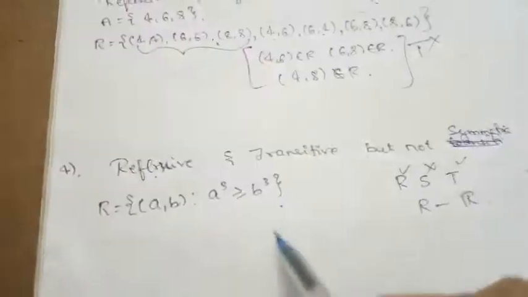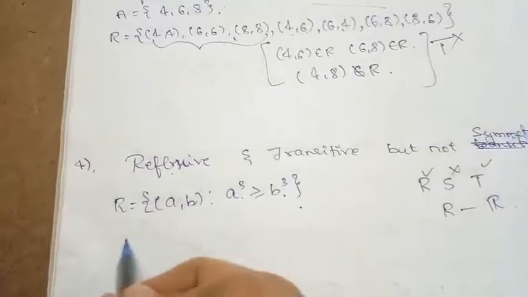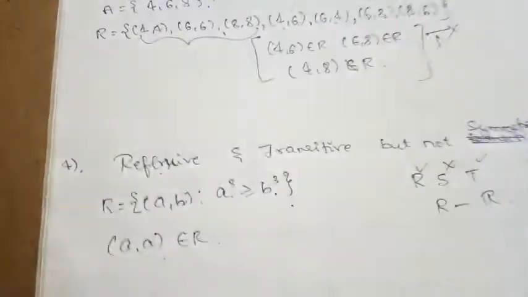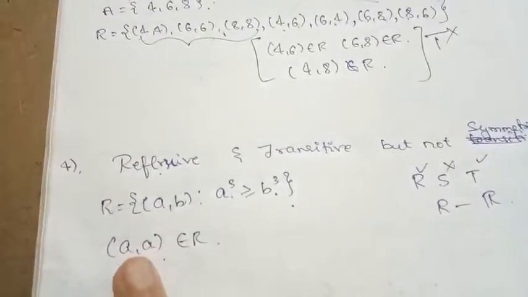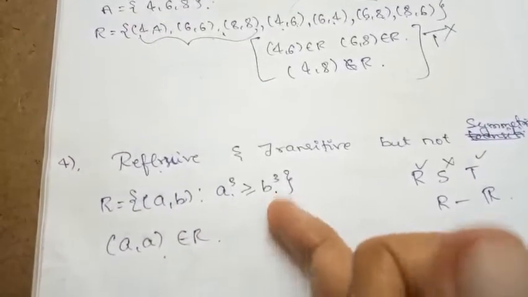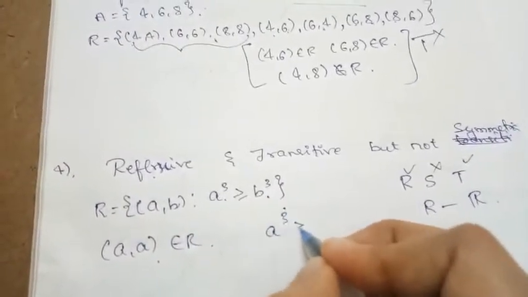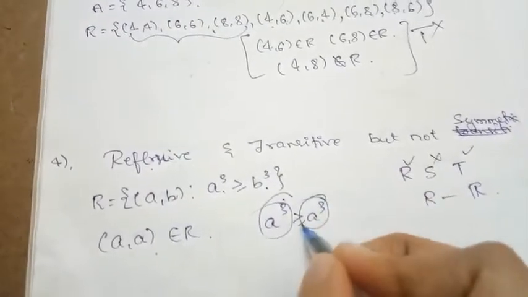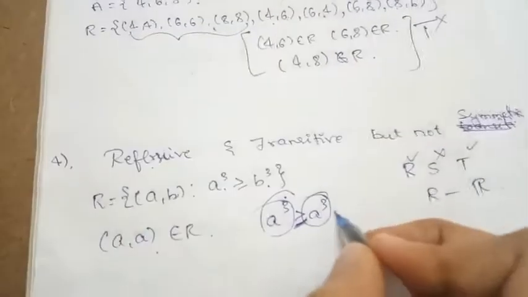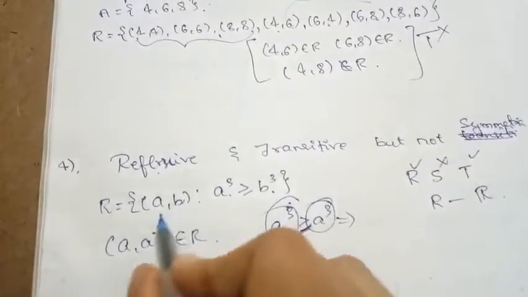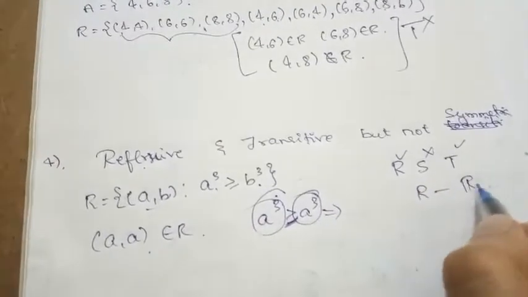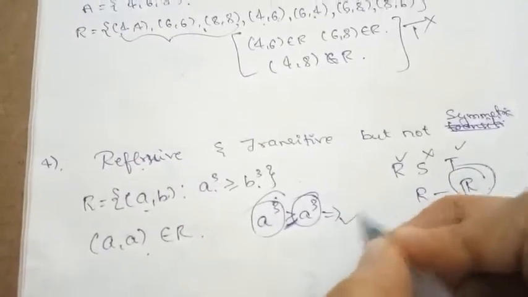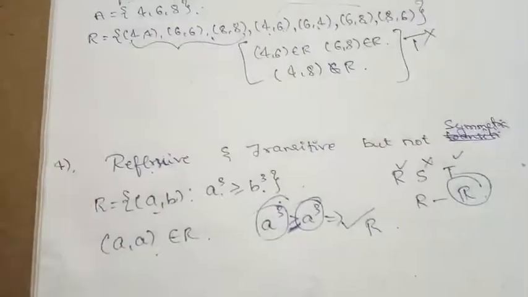Clearly a comma a belongs to the relation, because if I take any number and compare that number with itself, a cube is greater than or equal to a cube. Here one number is compared with itself along with the equal symbol. I can say this relation is going to be satisfied for all the elements of the set of real numbers. So the relation is a reflexive relation.